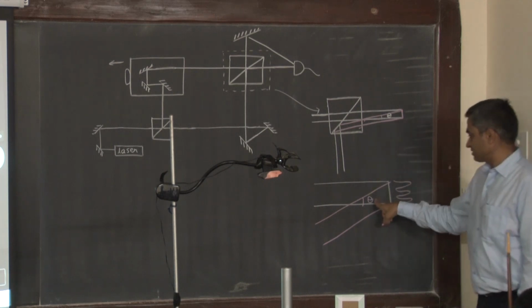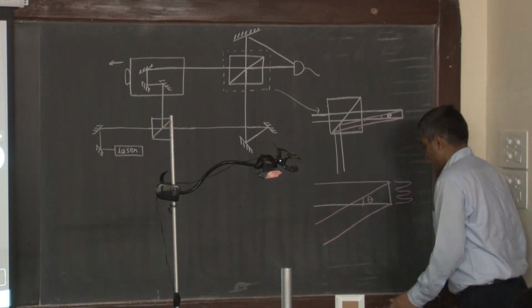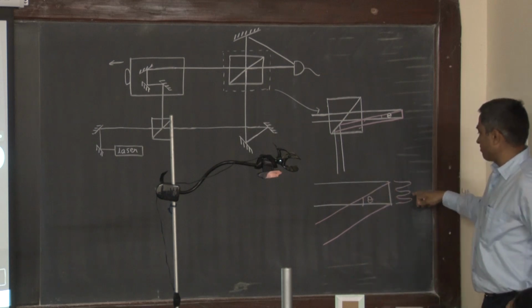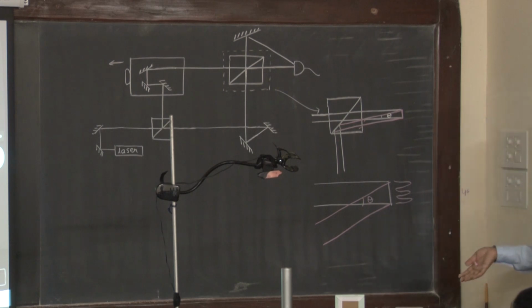If I increase this theta value, that means the wavefront which were like this is now becoming like this. Will you have more fringes in the same area or fewer? If I increase the angle, will the fringe density increase or decrease?